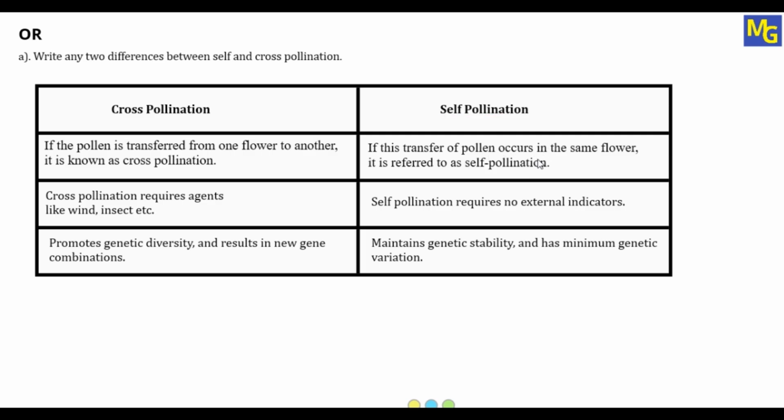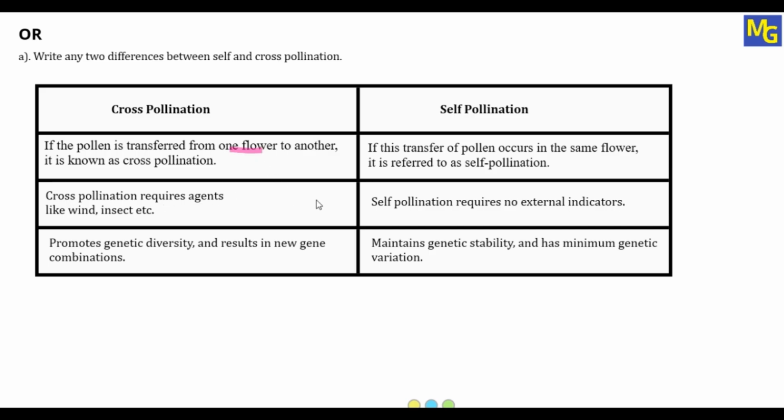Then the second difference: cross pollination requires agents like wind, insects, water, etc. As we have seen in the definition, the pollen will transfer from one flower to another flower, meaning two different plants are involved. So the pollen has to travel from one plant to another plant.